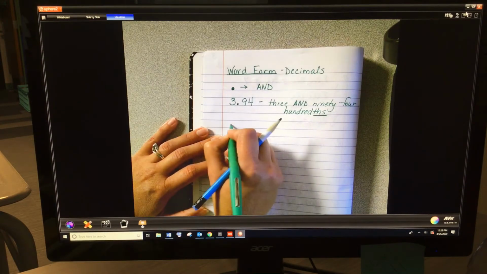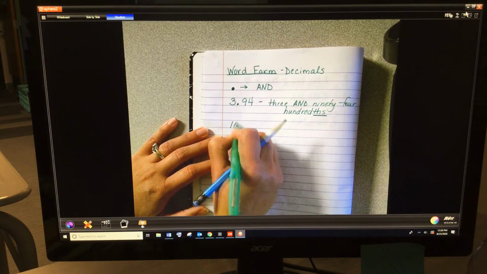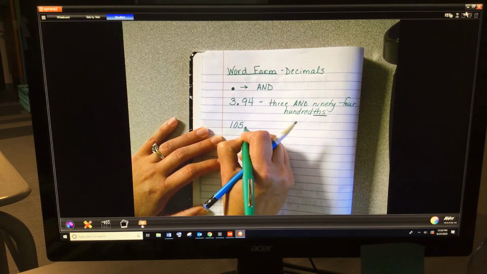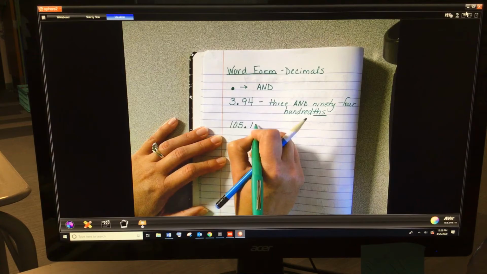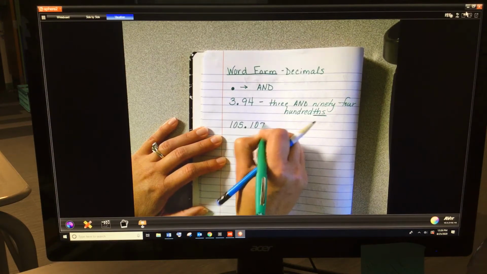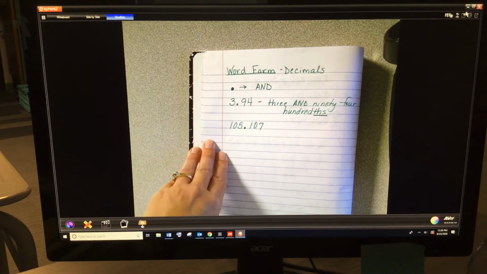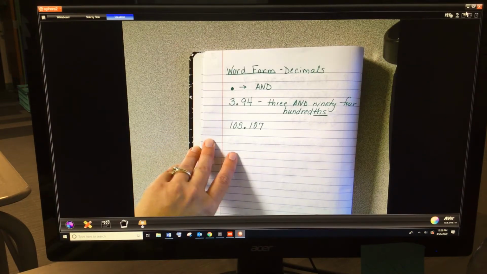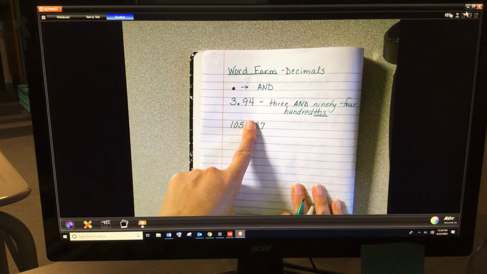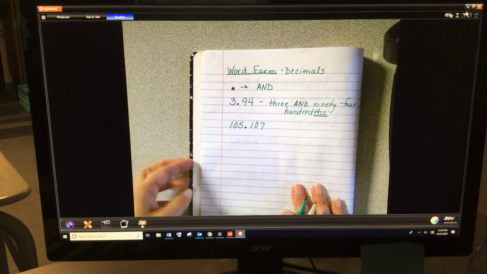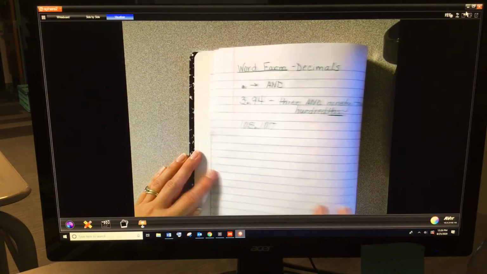Let's say that we have 105 decimal 107. Okay, so I said it incorrectly. Now let's say it in word form correctly. So we cover up our decimal, we have 105. And, let's go back and look at that chart just so we don't make a mistake.